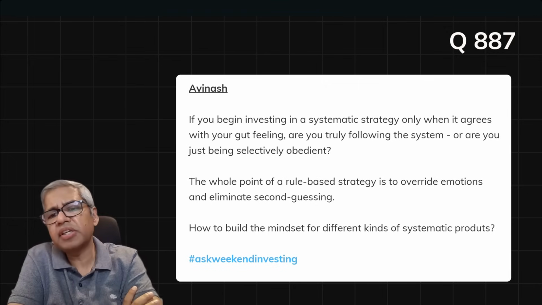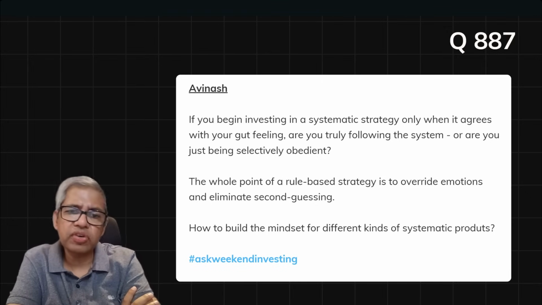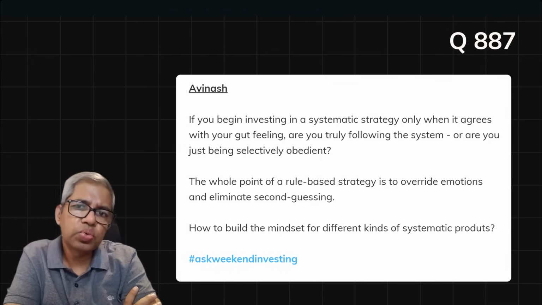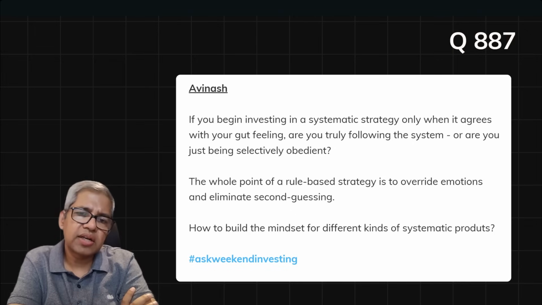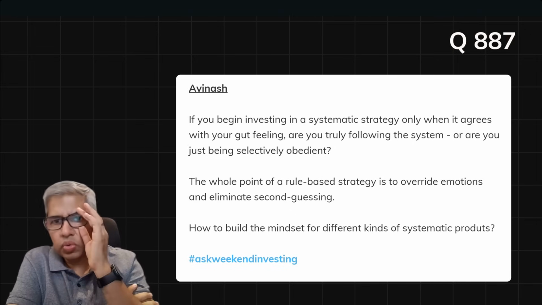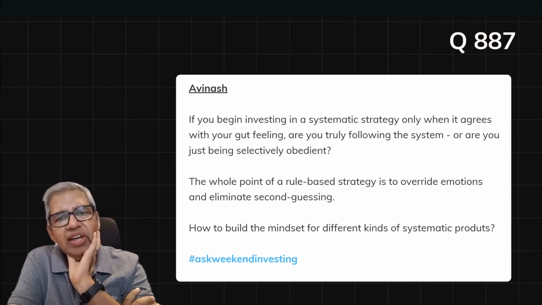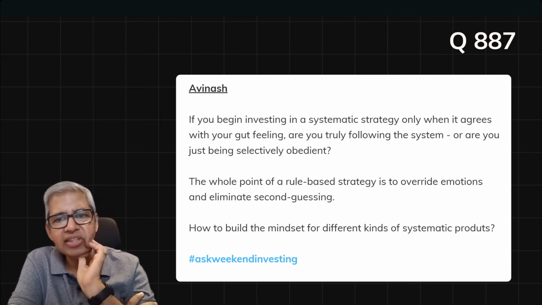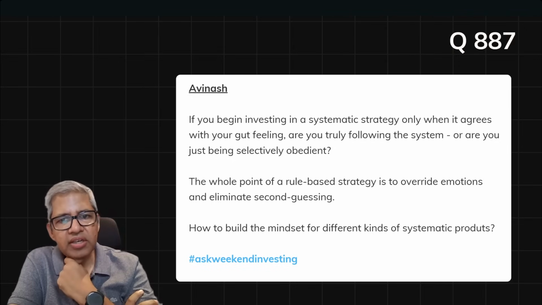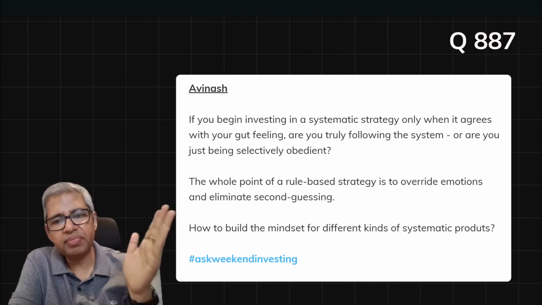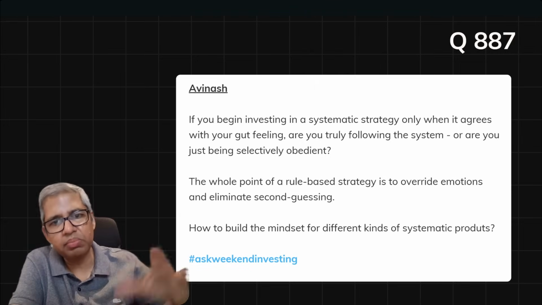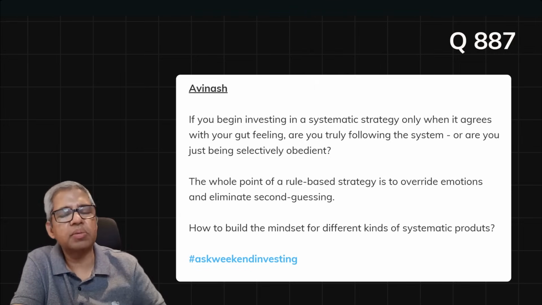It is exactly the same as when we want to reduce 10 kgs of our body weight. What do we do? We go and start running, go to the gym, do whatever. But if we go twice and then don't go after that, the entire purpose is lost. And if we continue at it, these small steps start to snowball into something bigger.